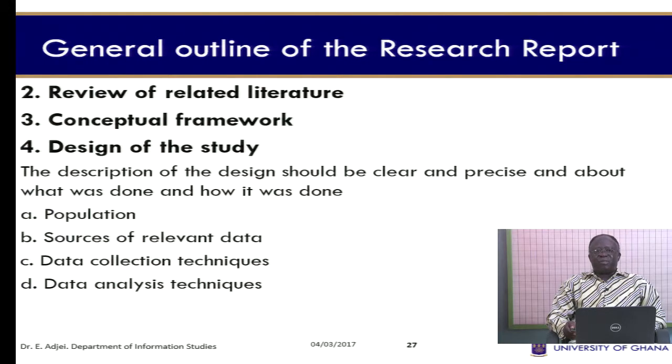Under the design of the study, some of the things we expect to be included are the population and your sample, the sources of relevant documents that you collected, and then data collection techniques, and then data analysis techniques.